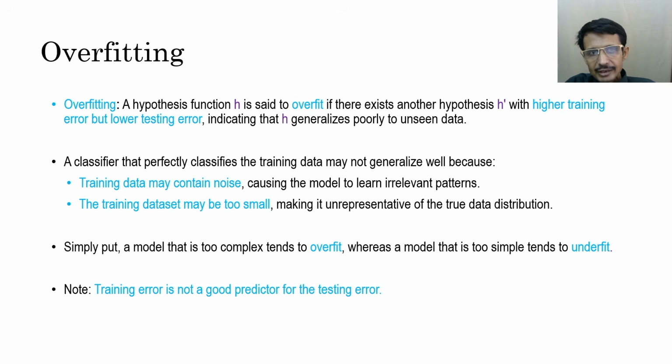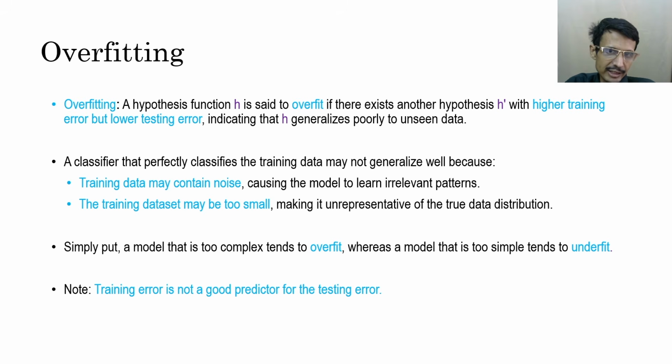So a classifier that perfectly classifies the training data may not generalize well. It is one thing we have to understand very well. In general, this is a common mistake we make: we always try to minimize the training error.